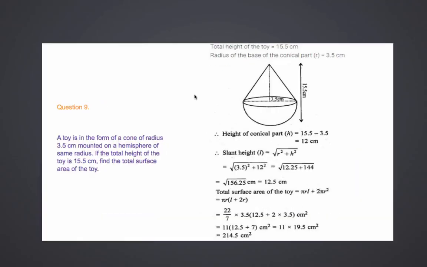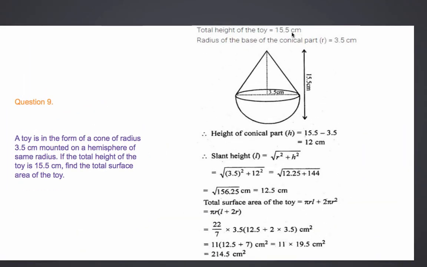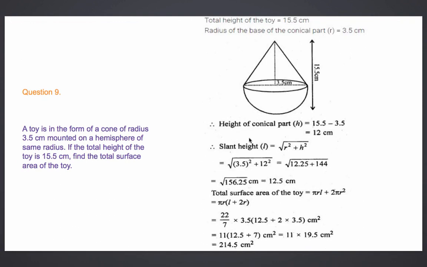The total height is given as 15.5, the radius of the base is 3.5, and the height of the conical part we just now discussed. What is the formula for the total surface area of the toy? For the toy we want only the curved part. For the hemisphere the curved surface area is 2 pi r square, and for the cone the curved surface area is pi r l.